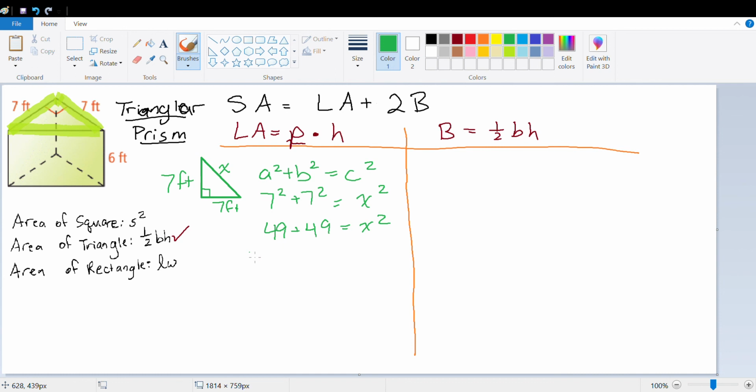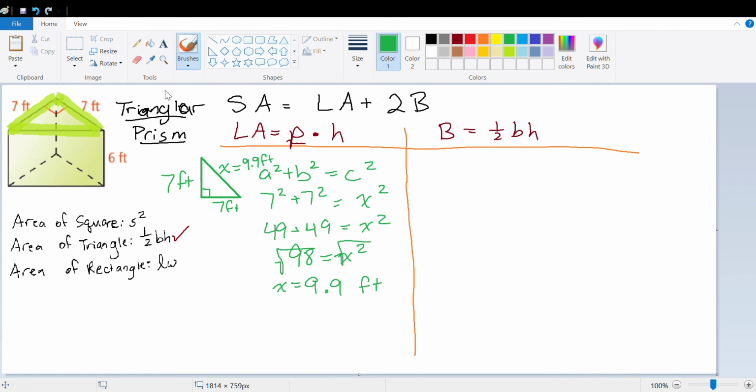So if we do that, we're going to get 98. 98 is equal to x squared. And if we do the square root, we're going to get x is equal to, well, you're going to get a huge decimal number. But if you round to the nearest tenth, you're going to get 9.9 feet. Okay, so this length is going to be 9.9 feet.